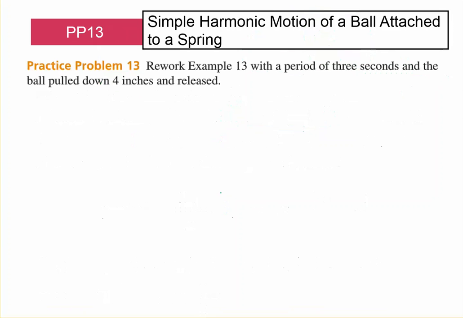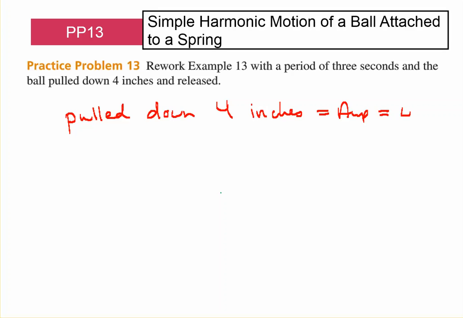So all yours here. Rework example 13 with a period of 3 seconds, and the ball is pulled down 4 inches and then released. I'll let you guys struggle with that one just a little bit here. So pull down 4 inches, that means I have an amplitude of 4, but I start off on the bottom.